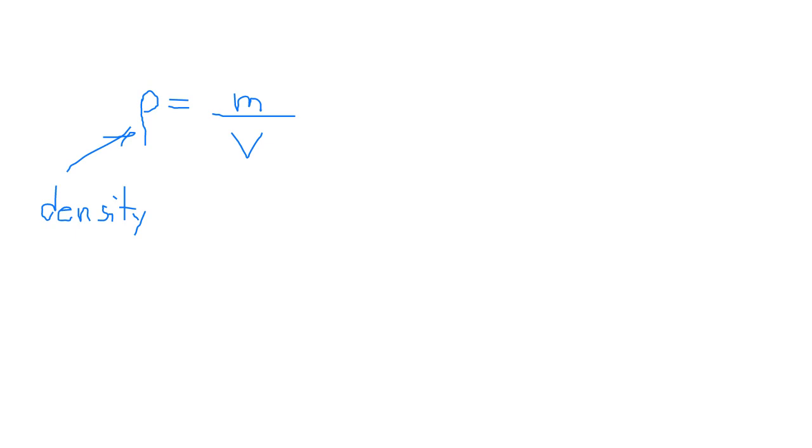So the normal density that you're used to thinking about is units of mass per unit volume. But you can also treat density, and they do this in section 12.5, as mass divided by area, the area of a lamina.